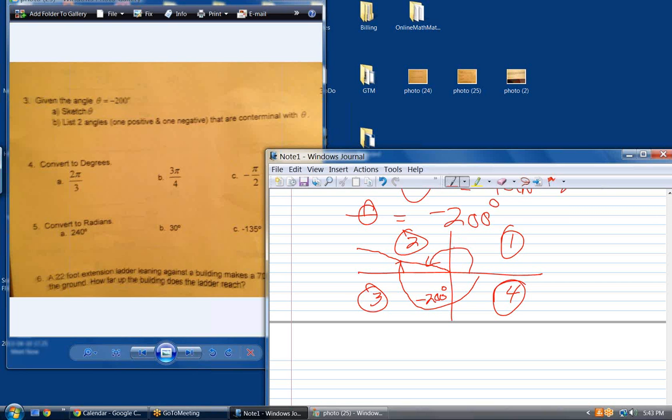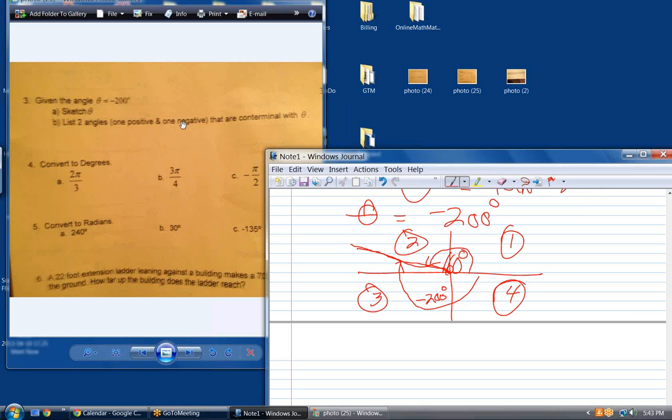That's correct. It's coterminal with minus 200, it leaves the ray in the same spot. So all my trig functions of minus 200 are going to be the same as my trig functions of plus 160.